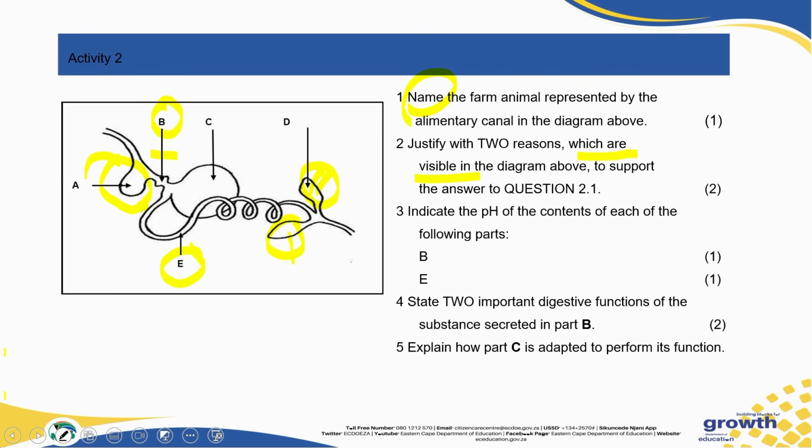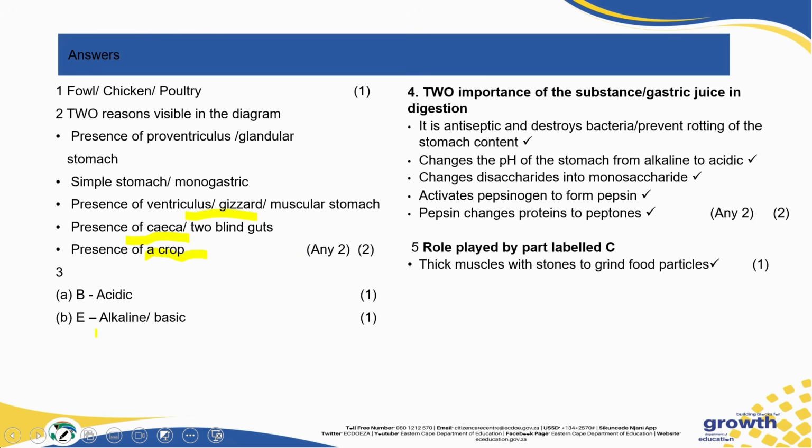The importance of digestive functions of the substance secreted by B, that is the gastric juice. It is antiseptic and it destroys bacteria, that is the hydrochloric acid. It prevents the rotting of the contents of the stomach.